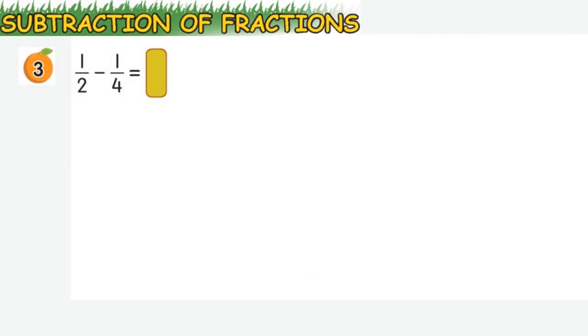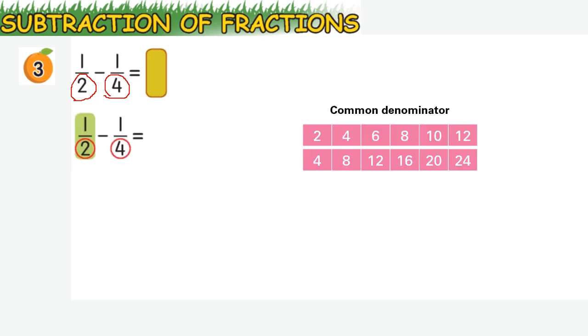Our third example, 1 over 2 minus 1 over 4. As you can see, there are different denominators. Make sure if the denominators are different, you have to find the common denominator. Common denominator means we want to find the least common multiple of number 2 and number 4 by using table 2 and table 4.